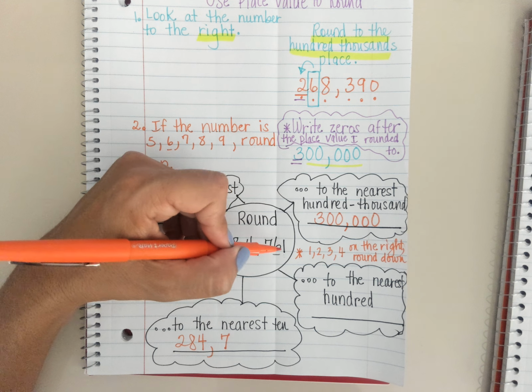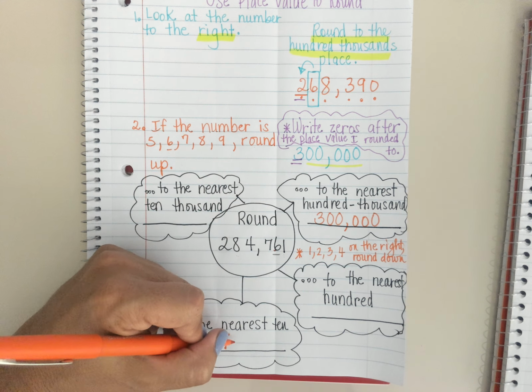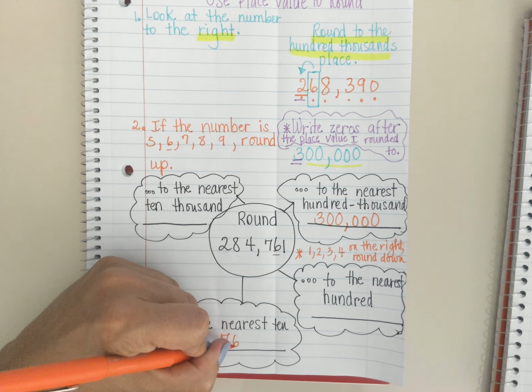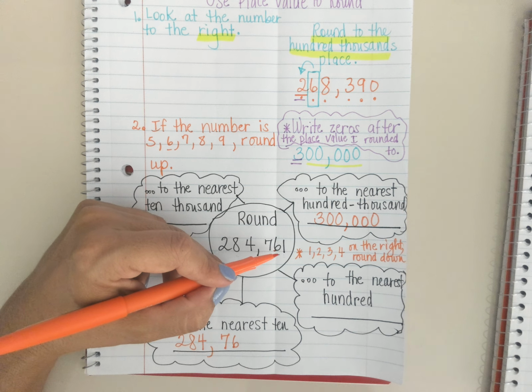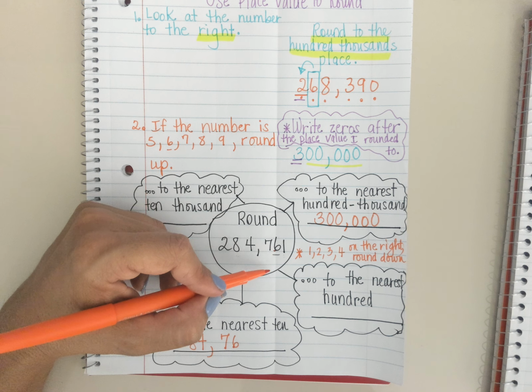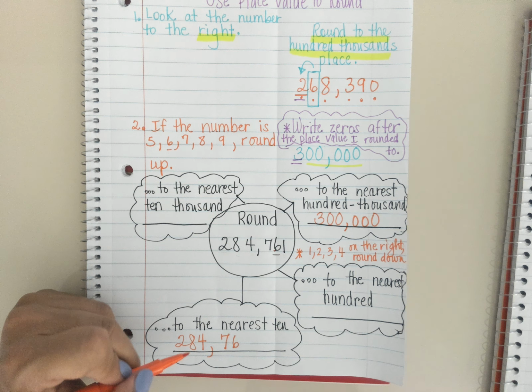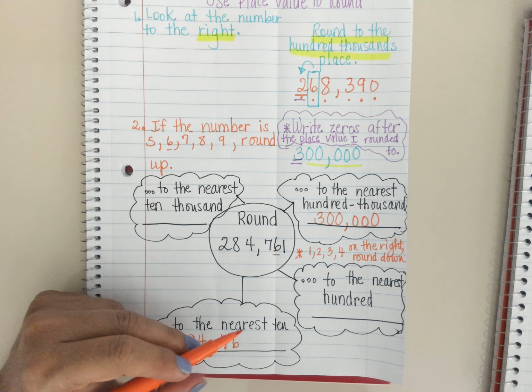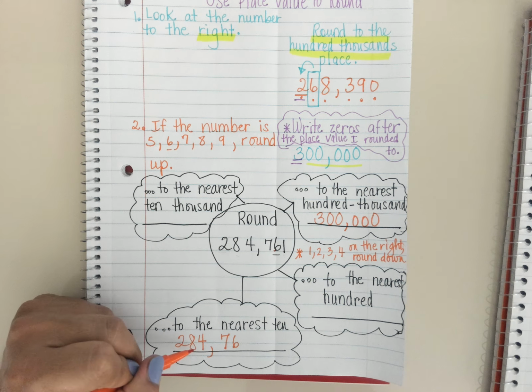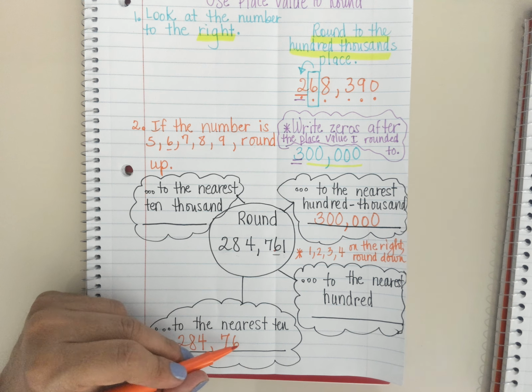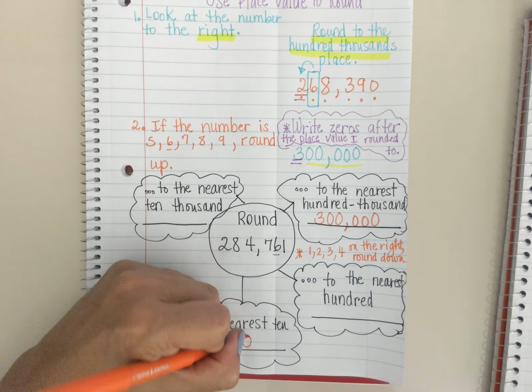Well, this is 1. We rounded down. We rounded down to 6. We never round down below the number. I would not say you round down to 5. When you round down, the number stays the same. So the answer when you round to the nearest 10 here is 284,760.